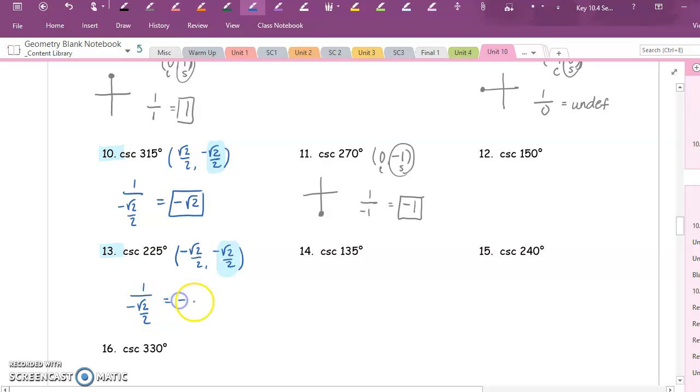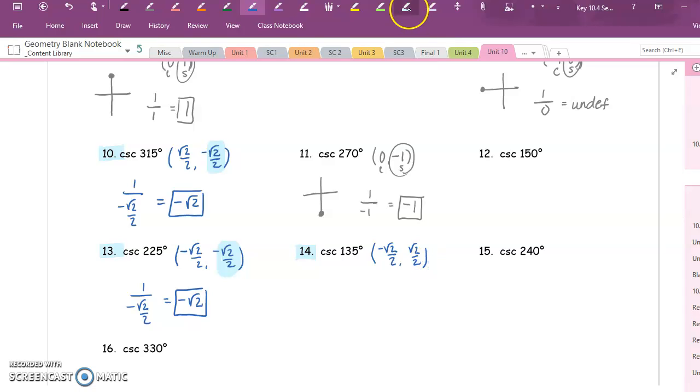So we get negative root 2. Next one, number 14. Number 14 ends in a 5. It's 135. This is in the second quadrant, so we have negative root 2 over 2, comma, positive square root 2 over 2. You can look at sine, so we have 1 divided by positive square root 2 over 2, so that's going to be a positive answer.